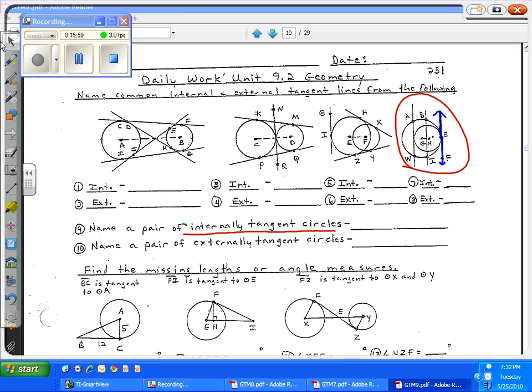One of them is inside the other one. The fact that one is inside the other one is what makes them common internal tangent circles. So our common internal tangent circles are circle G and circle H. Any questions on that?